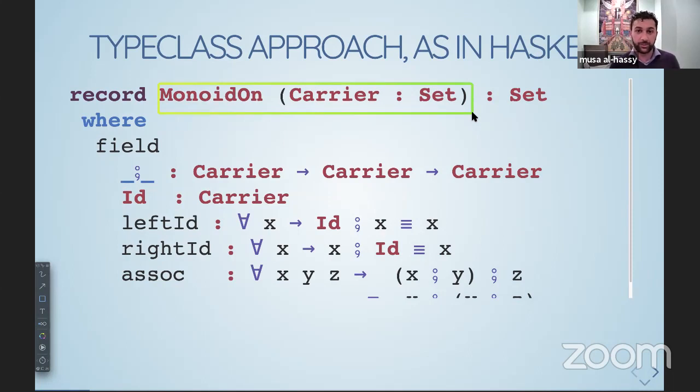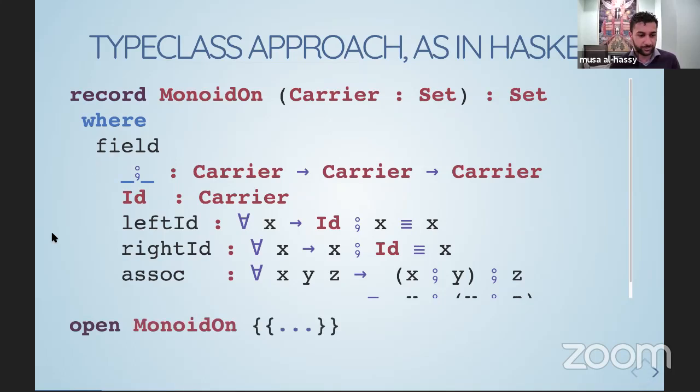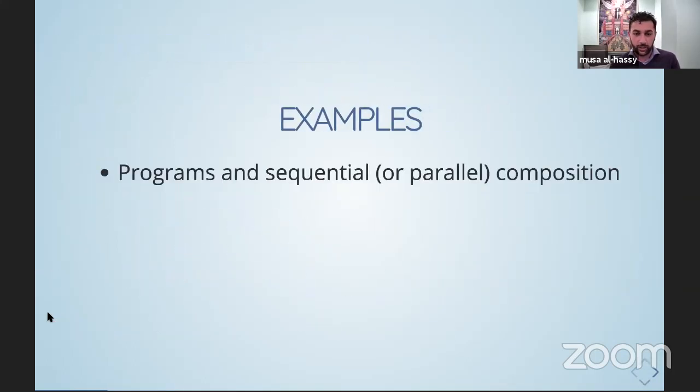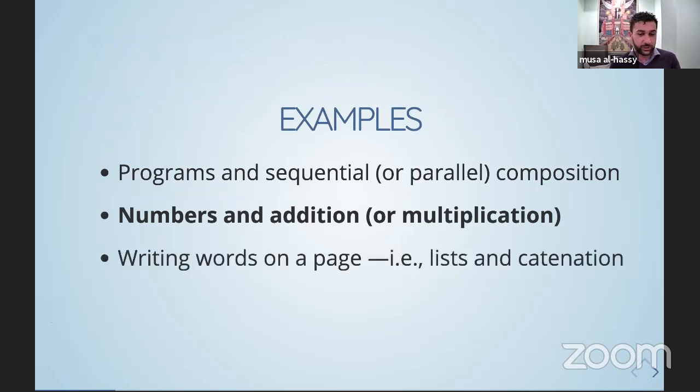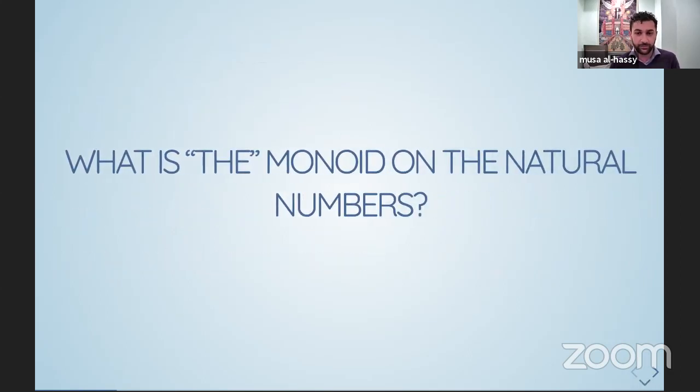So this is a type classes approach. Otherwise nothing new here. And we'll do some instance search, right? So programs and composition, numbers and addition. Now the common one that comes up in the Haskell community is numbers and addition or numbers and multiplication, right? So what is the monoid on naturals?